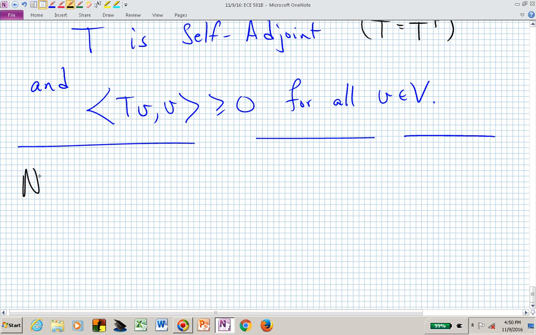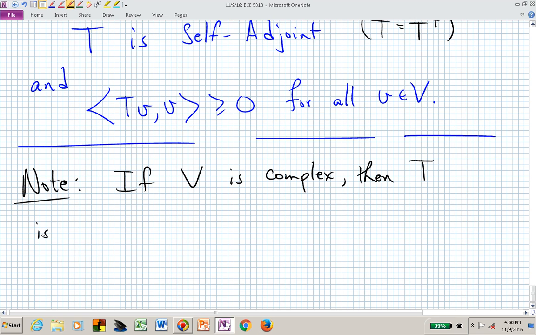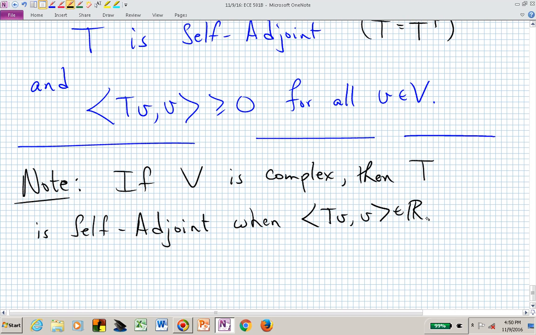Remember or note the following. If our vector space is complex, then our linear operator T is actually self-adjoint when <TV, V> is real, which is really implied in that last comment.